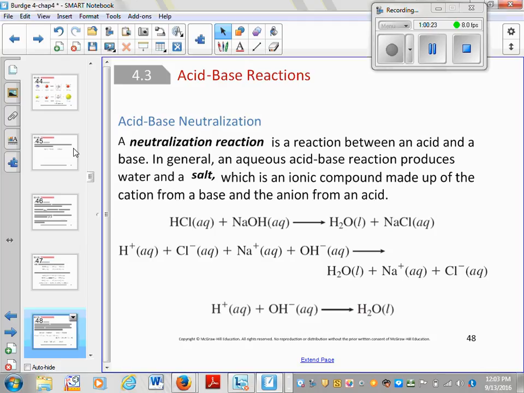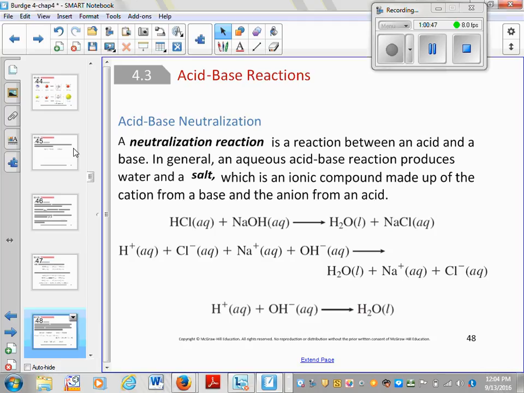So, acid-base neutralization. You see it on commercials all the time. Take Tums, take Rolaids, neutralizes 1.5 times the acid or whatever. Well, it's an acid-base reaction. It's called neutralization. In general, the reaction produces water and a salt.